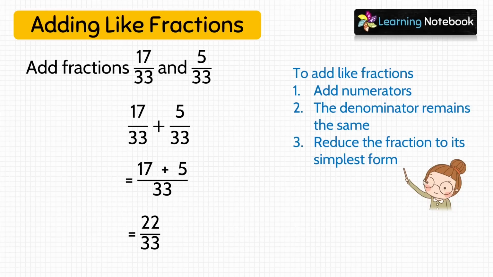So we have got the fraction as 22 by 33. But students, have a look at this fraction carefully. You will find that 11 is a common factor between numerator and denominator. So let's simplify this fraction. And we get the answer as 2 by 3. So this is how we add like fractions.